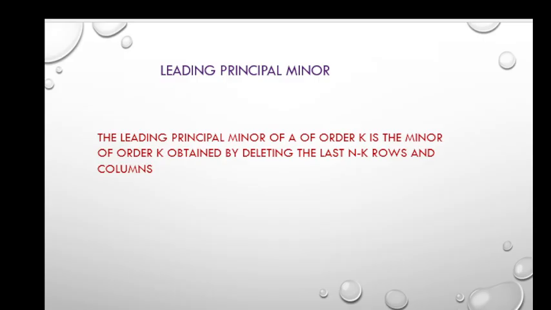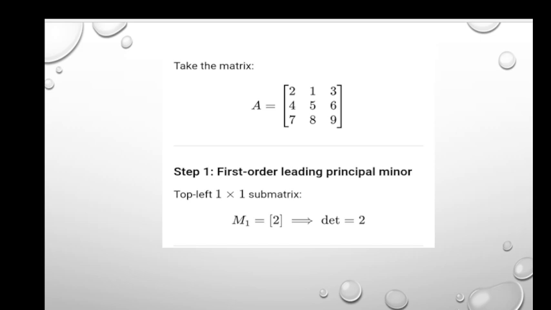Okay, just keep that in mind. Let's look at one example. A equal to 2, 1, 3, 4, 5, 6, 7, 8, 9. We are going to find the first order leading principal minor, that is, the leading principal minor of order 1. So here n equal to 3 because the given matrix order is 3, and k equal to 1.